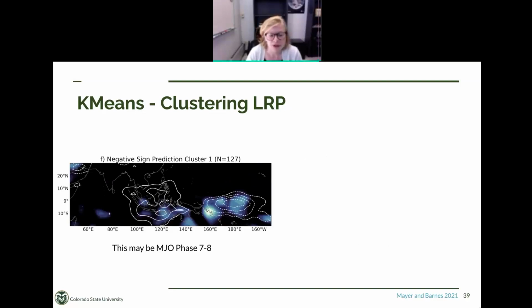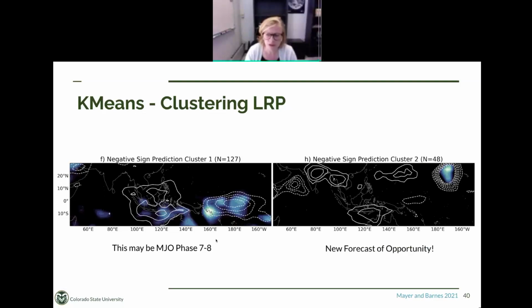For the negative sign predictions, which are the ones that had this hotspot just west of Hawaii, we can see that the neural network in cluster 1 is highlighting this MJO-like dipole structure for MJO phases 7 and 8. But then cluster 2 is only highlighting this hotspot just west of Hawaii with no MJO-like structure in the maritime continent and Western Pacific region, which suggests that this could be a new forecast of opportunity for prediction into the North Atlantic.